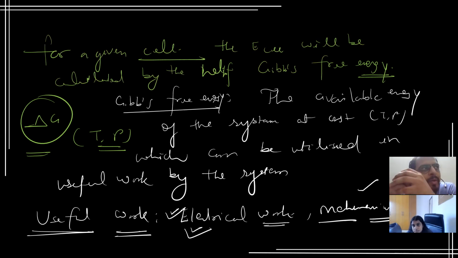So what is the probability of the cat being alive or being dead? You can say 50-50, 60-40. Then you are not certain, right?